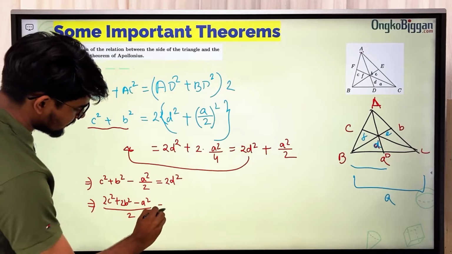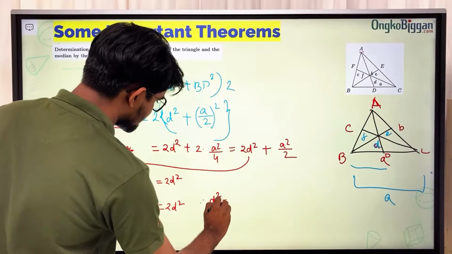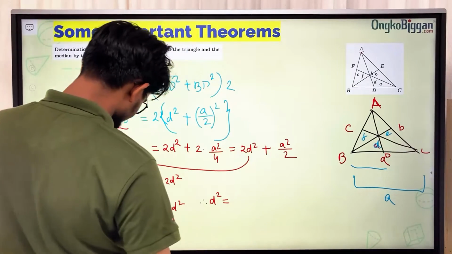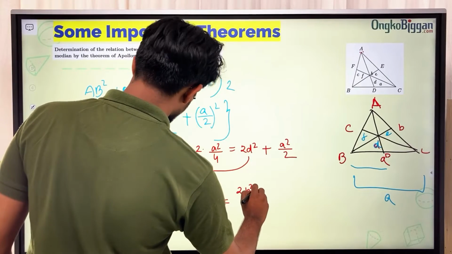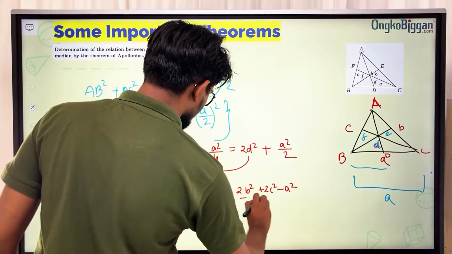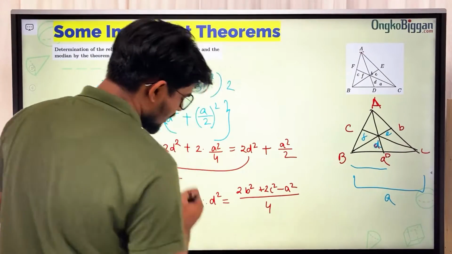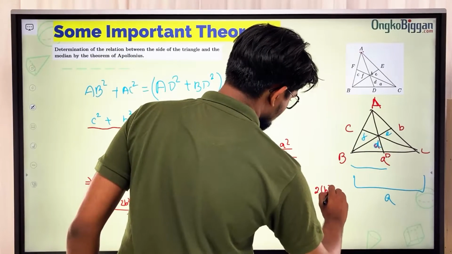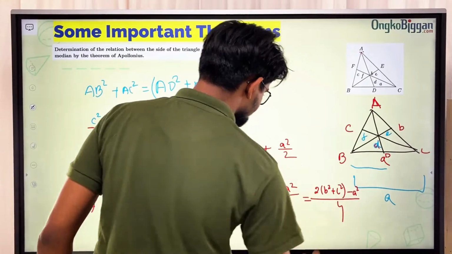Now we have 2d square. So therefore d square is equal to 2c square plus 2b square minus a square divided by 4. Or it can be written in this way, 2 times (b square plus c square) minus a square by 4.